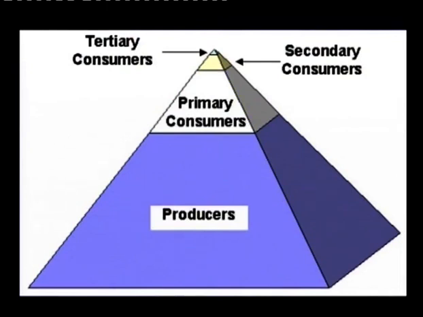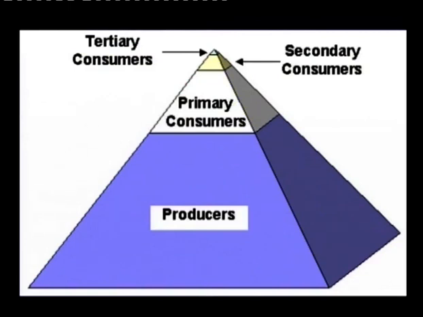What do you think most of those producers will be? Remember your photosynthesis lesson? Tara, what are they? Plants. They are all plants. Good. Nearly all of them are plants.